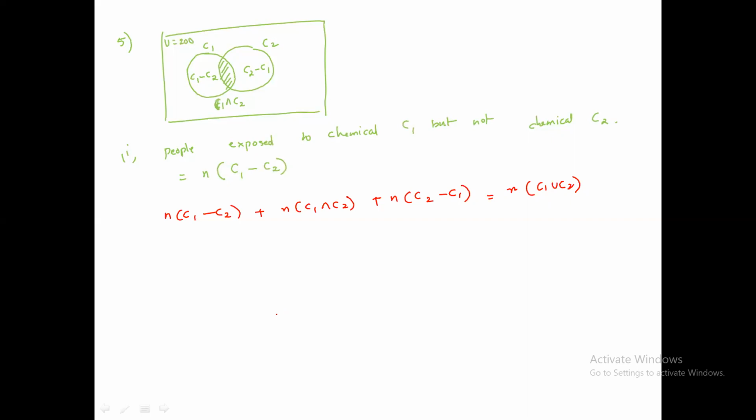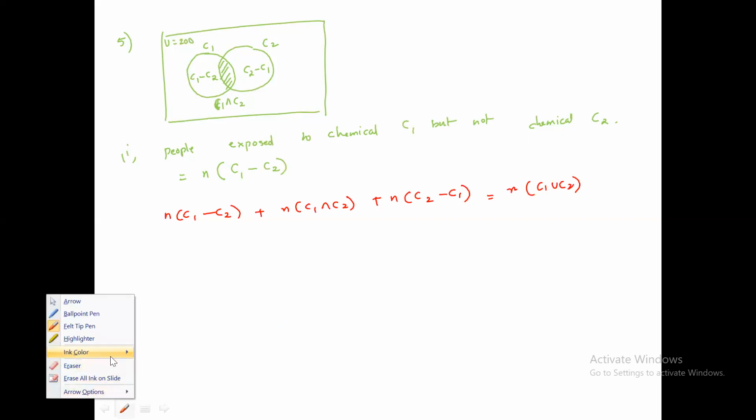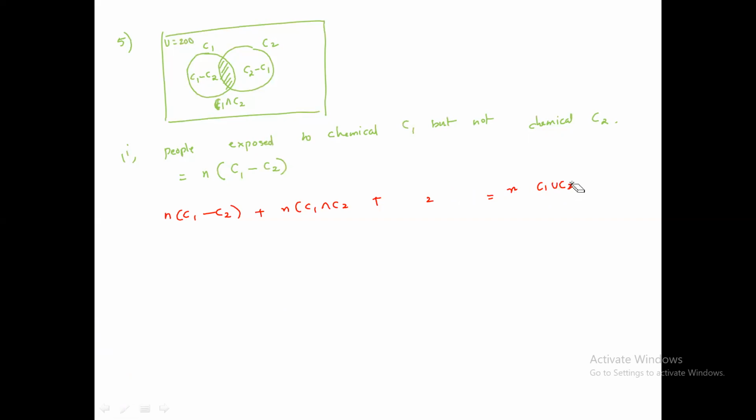Like that, is there any relation which can help us to find n of C1 minus C2? How can I write n of C1 minus C2 in another way? I will take n of C1. From that, I will remove n of C1 intersection C2. Then I will get n of C1 minus C2. This is another way.